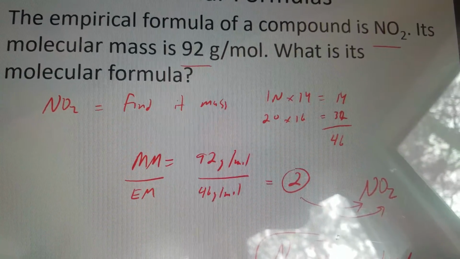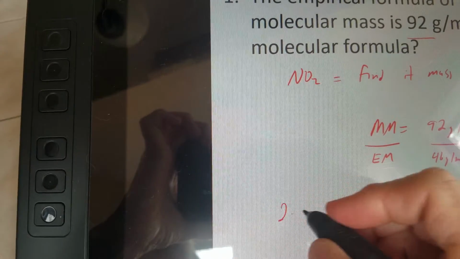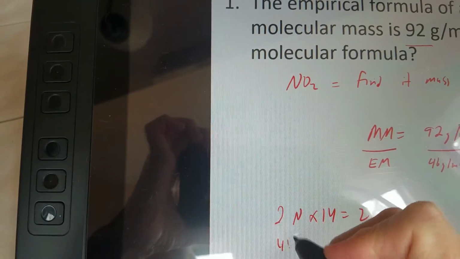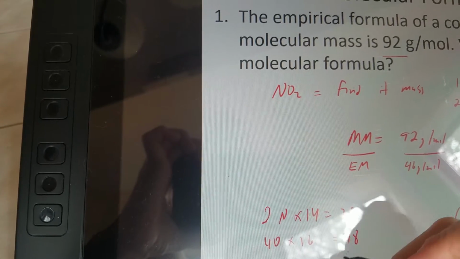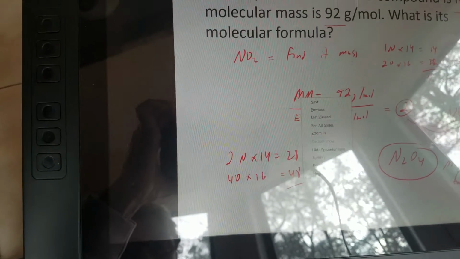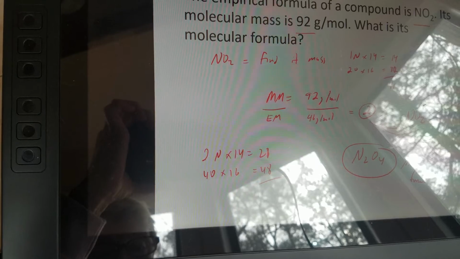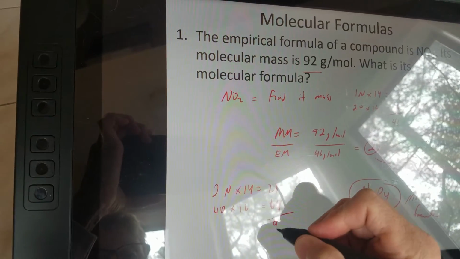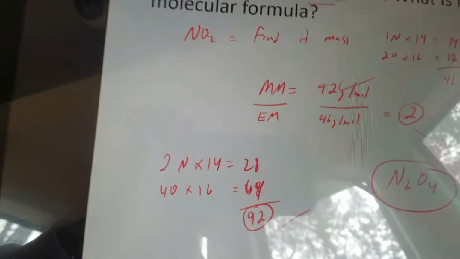If I want to check and make sure that this is correct, I'll take my 2 nitrogens, multiply them by 14, my 4 oxygens, multiply them by 16, add that together. That should be 64, sorry. So I'm going to get 92, and this matches up with what I got earlier.